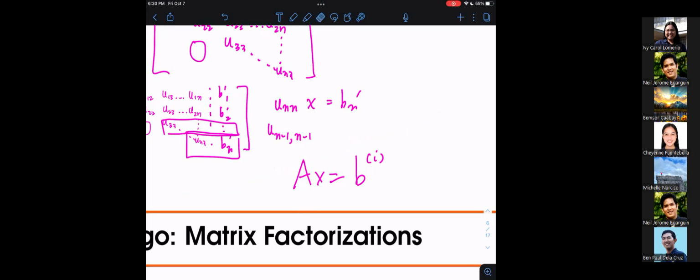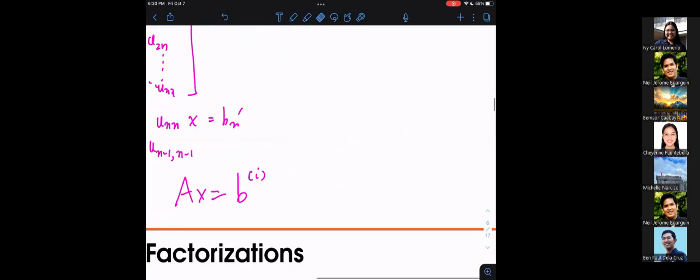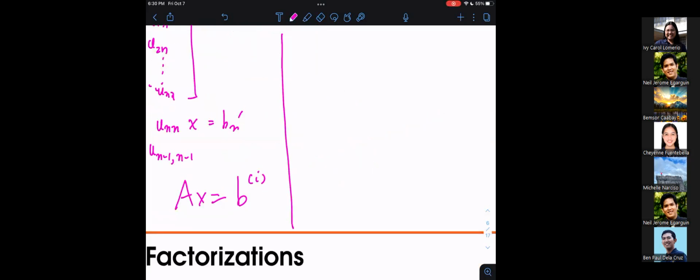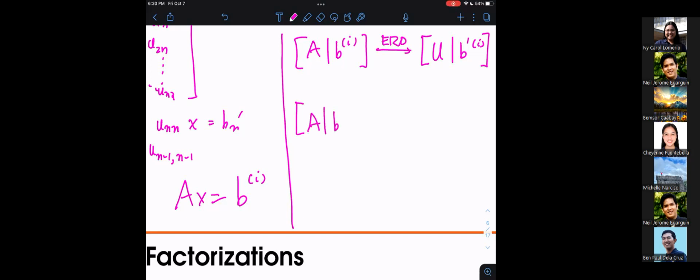Sabihin mo, hindi naman kailangan kasi pwedeng gumamit ako ng isang mas malaking augmented matrix. So instead na isa-isa kong i-augment yung mga B upper I's dun sa matrix A tapos mag-i-ERO ako para makakuha ng upper triangular matrix at B prime I, alright? Tapos magba-back substitution ako dyan, mas efficient na paraan ay ganito. I-augment ko na lahat ng mga vectors dun sa matrix na to, B2, B3 and so on.